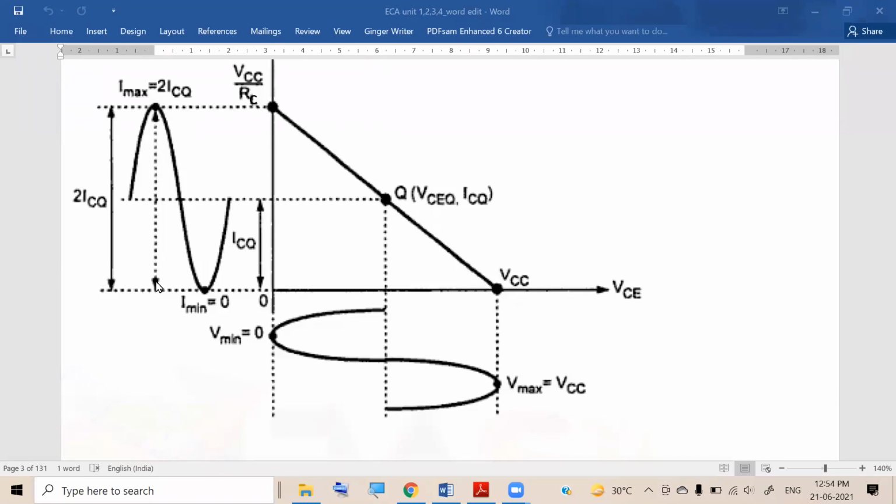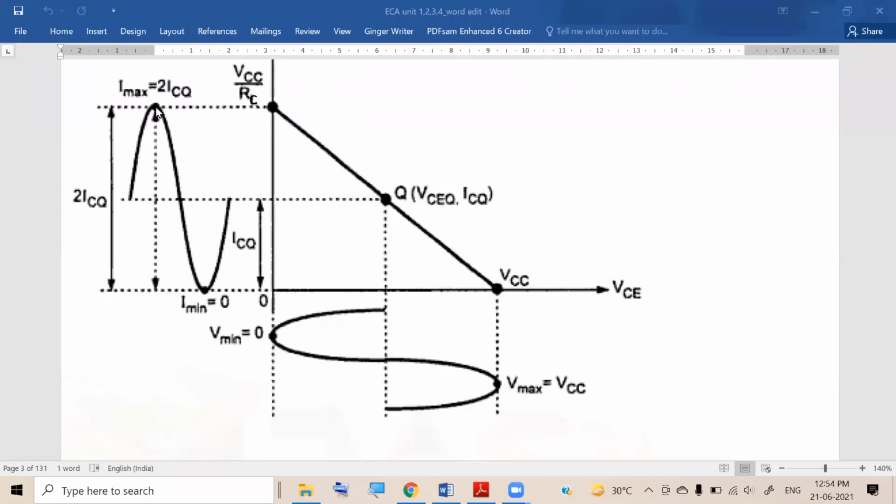Again, I am repeating, from this point to this point, it is I max minus I min. So from this point to this point, how much will that be? It will be ICQ, but tell me in terms of I max and I min. Total is I max minus I min.